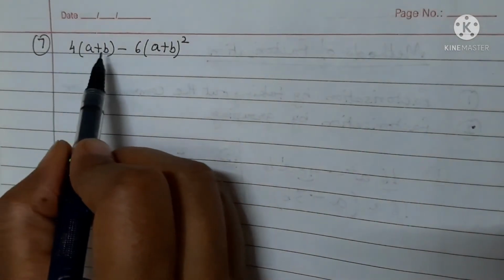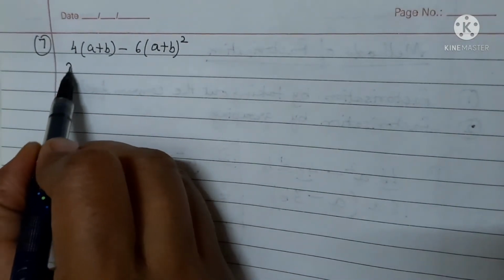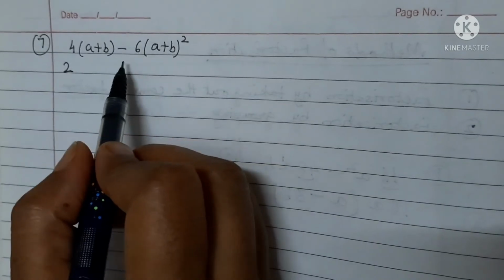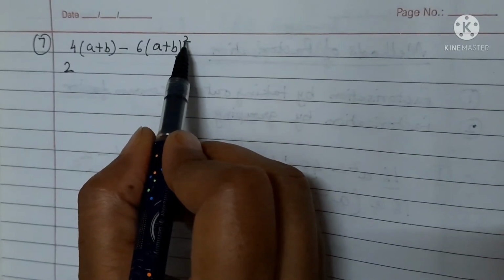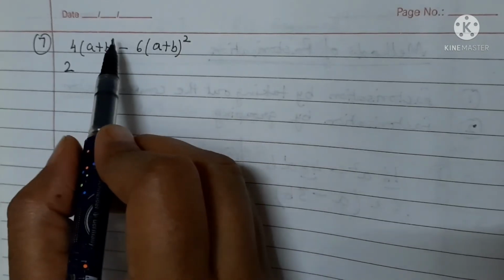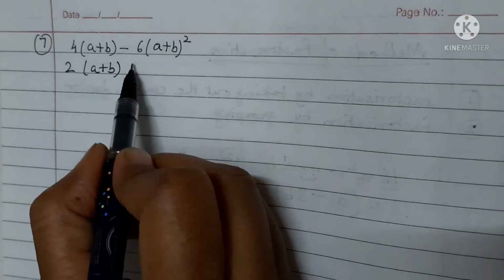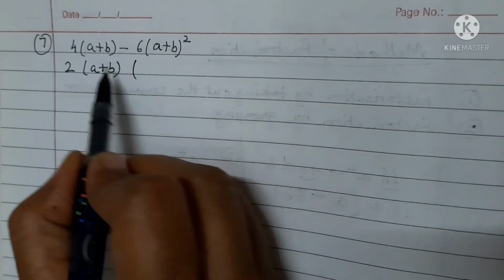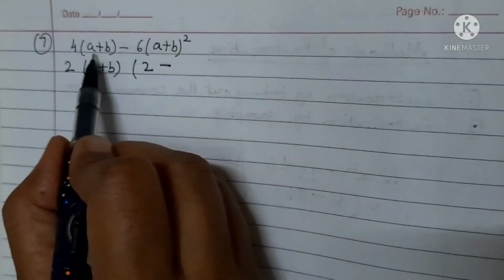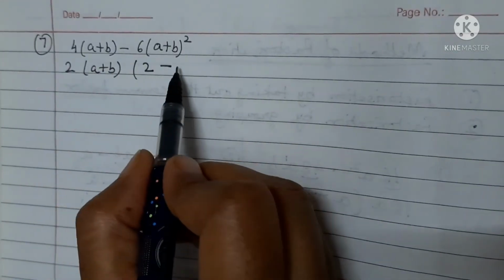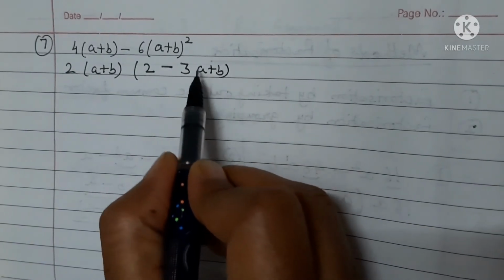Question number 7, here 4 and 6, so you can take out 2 as common from both these constant terms, and (a + b) and (a + b) whole square, there is power 2 and here 1, so you can take (a + b) as common factor. Now the remaining part in the bracket, here 2, and 2 threes are 6, 3(a + b).